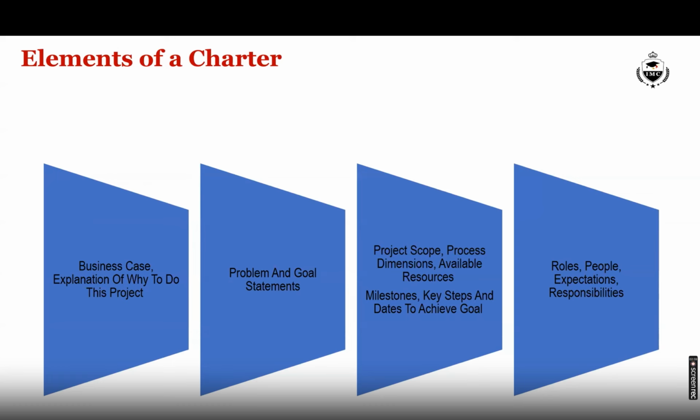Next block talks about quite a few things. I will pick up something important. Project scope. Project scope is important. Suppose a person from the HR department is doing a Six Sigma project.